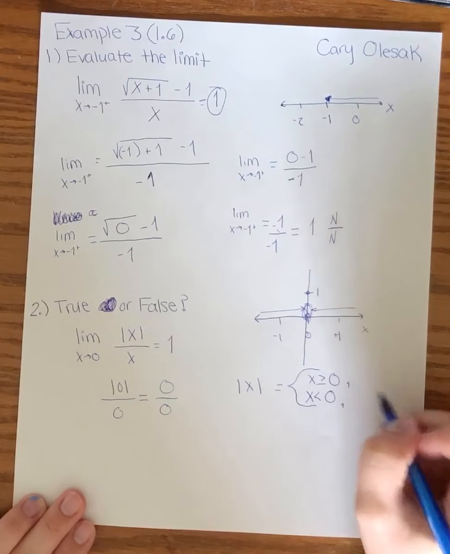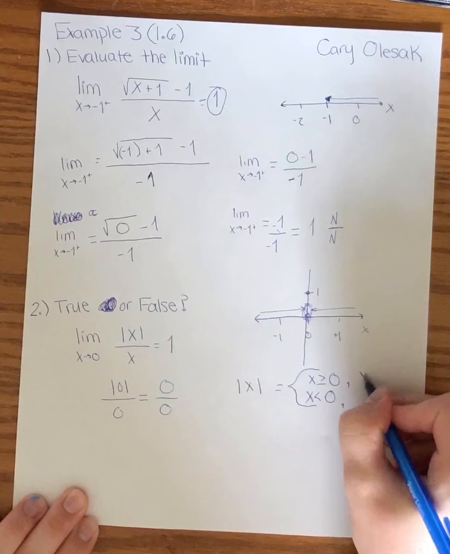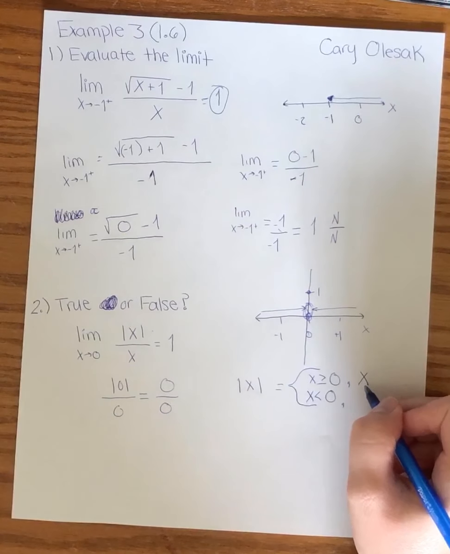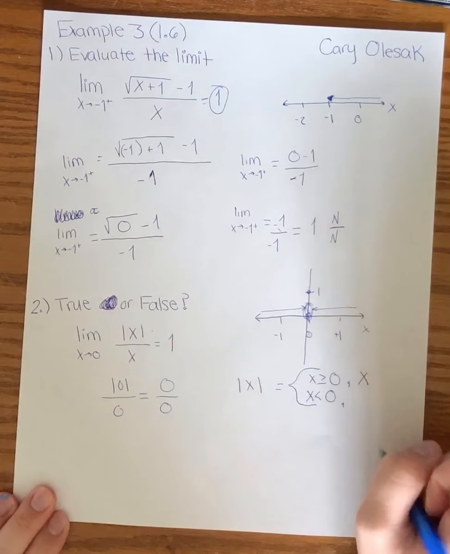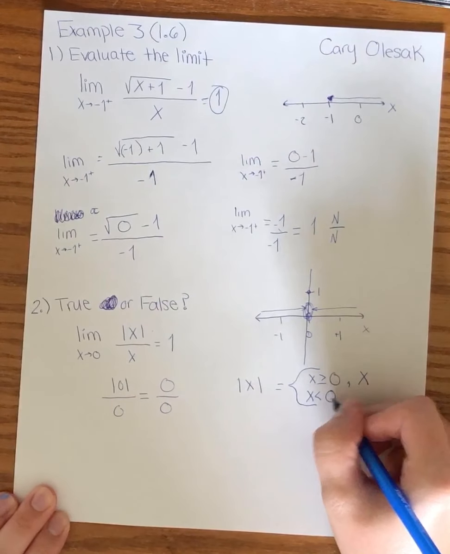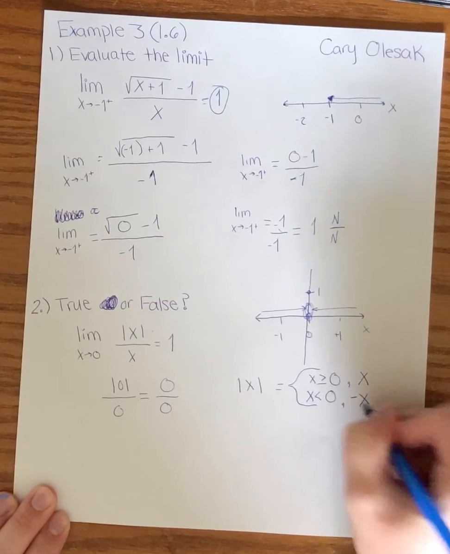And we know from this that the x needs to be positive, so that's what x will end up being. And then for this one, the x value needs to be negative x.